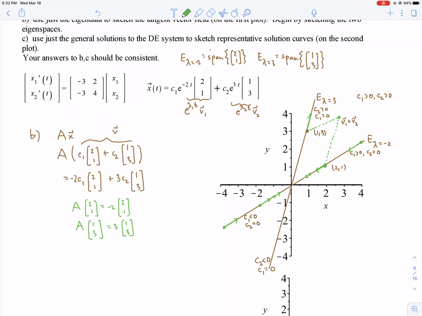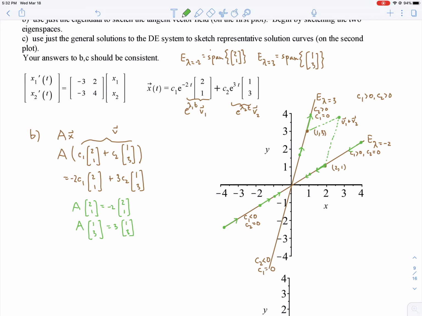I say it's about that long if I'm using the same scaling as I was before. And then A of half that vector will be half of A of the vector. So at (1/2, 3/2), the vector's half as long.